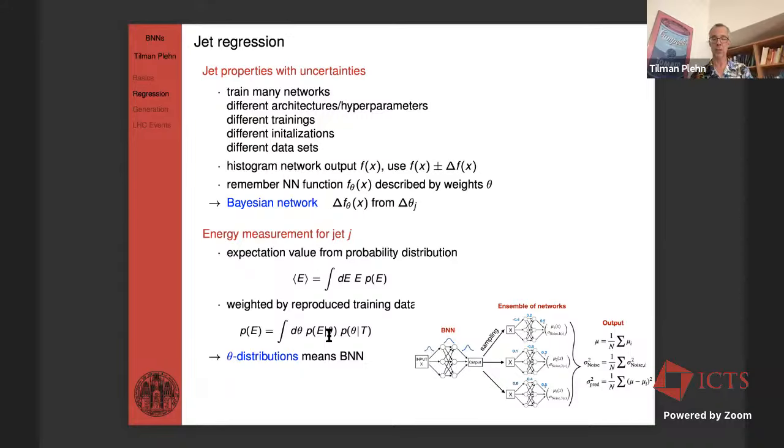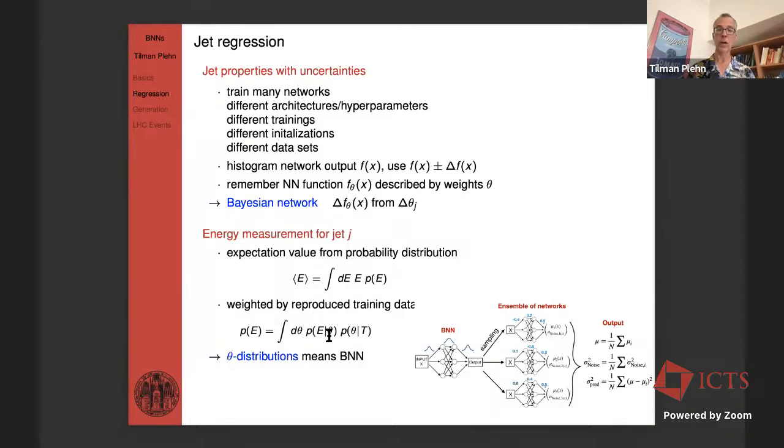If my theta representation is a complete representation, that integral is clearly correct. That just means I'm representing P of E in theta space, right? And these theta distributions are really the distributions that define our network weights. So theta space is big.